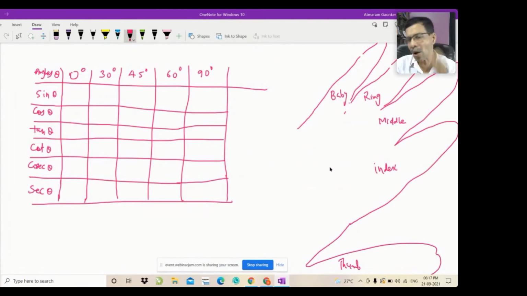So please note down the names of the fingers and type it in the comment box. What is the first finger? First is thumb, second is index, third one is middle, fourth one is ring, and the fifth one is the baby finger. So please type in the comment box all these fingers in line of your palm.